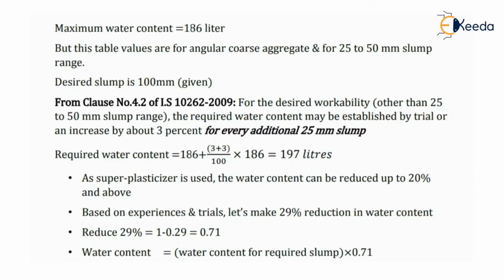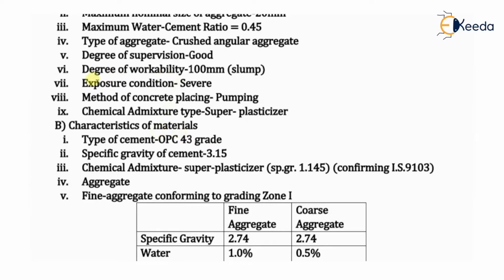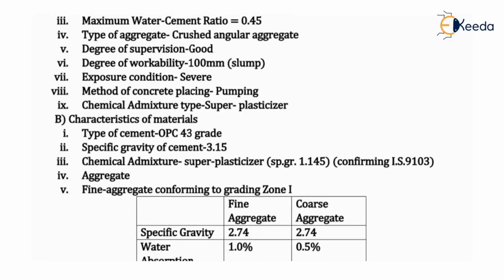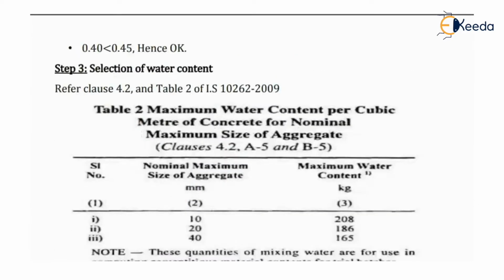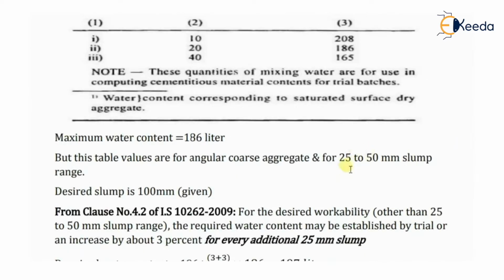Let's see again the problem statement. The degree of workability is given, it is 100 mm in the problem statement. So for 100 mm we cannot refer to these values, because this table is given for only slump value of 25 mm to 50 mm, and the given slump value is 100 mm.